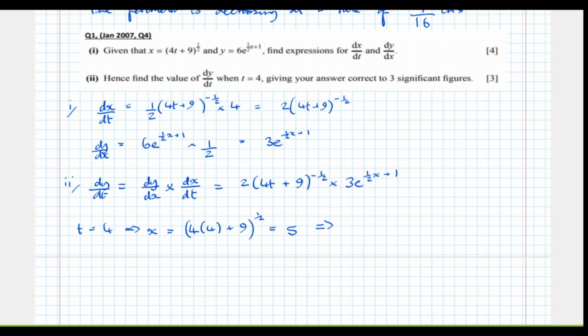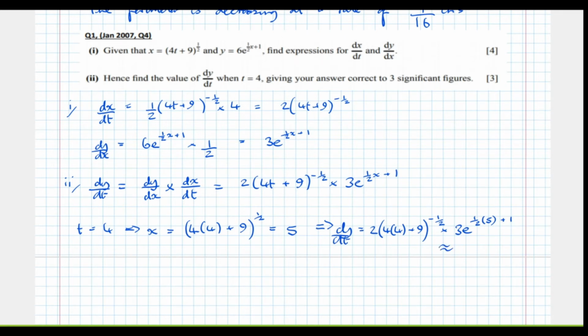And this means that dy by dt equals 2 lots, 4 lots of 4 plus 9 to the minus 1/2 times 3e to the half. We found that to be 5 plus 1. And it wants the answer to 3 significant figures.